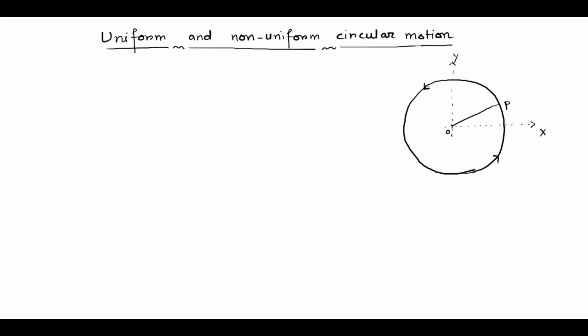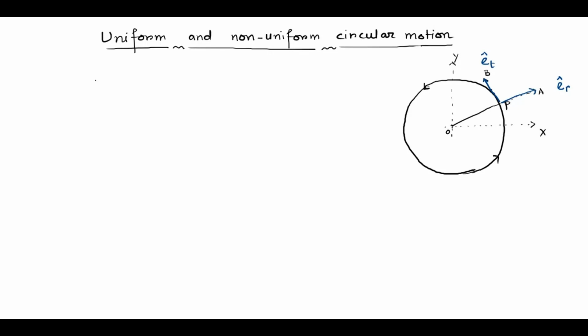One is along the radially outward direction, that is along the PA direction, and another is the tangential direction, that is along the PB direction. Along PA the unit vector is E of R. Along PB the unit vector is E of T.